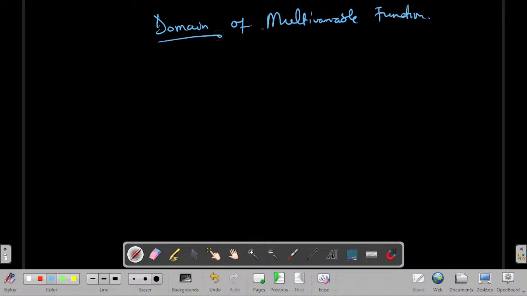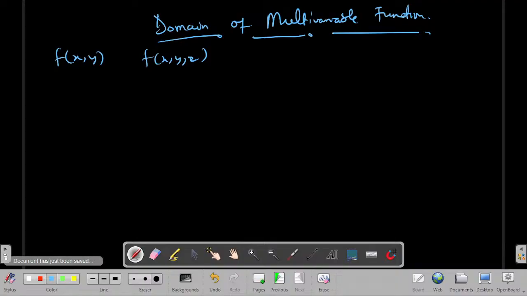As I said earlier, for a multivariable function, we have f of x, y, f of x, y, z. You can have 4, 5, 6, 7, 8, and more variables. But to our level, we are only interested in 2 and 3 coordinates. Okay.